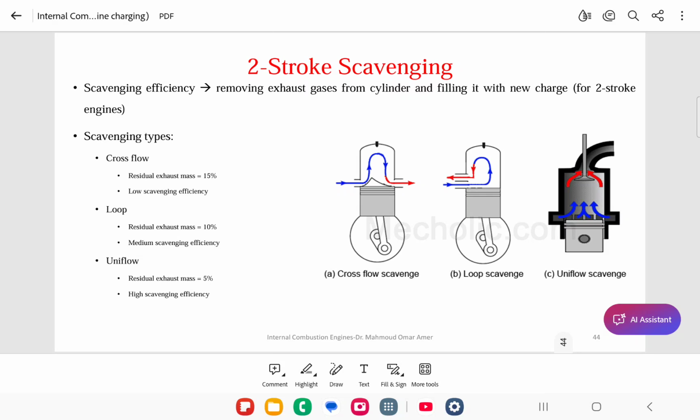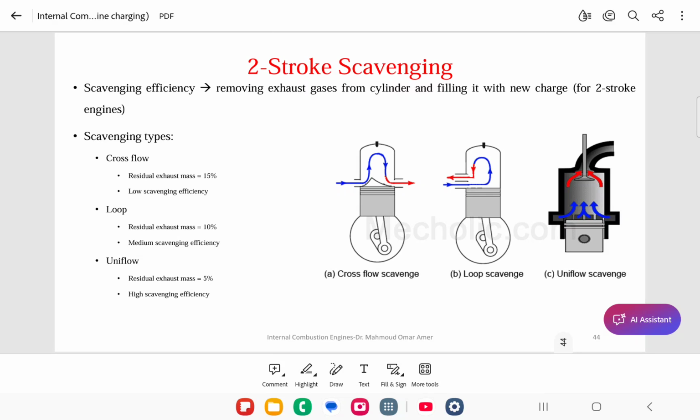Because if it's lower than 1 by far, then it means that the portion of the fresh charge inside the cylinder is very low and the residual exhaust is very high, which means that we will get very low combustion efficiency and very low power. So to know the scavenging type, we have 3 main types.